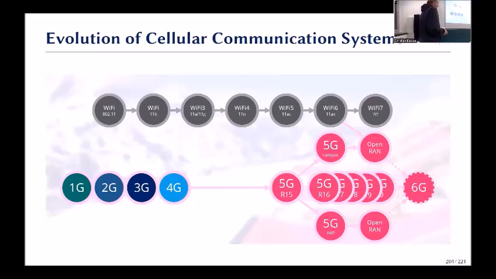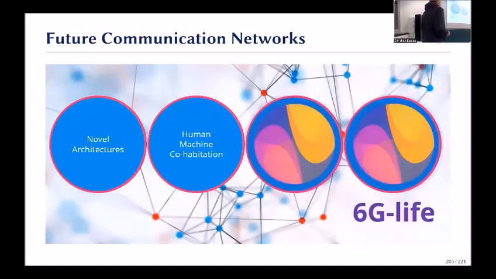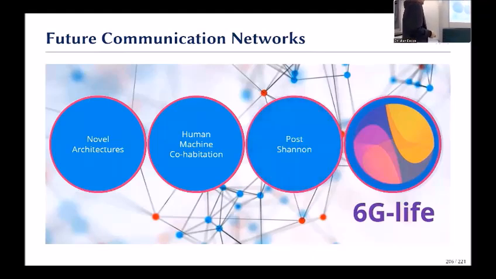So in 5G, it's more about machine-to-machine communication. 6G is more focused, even if it's already part of 5G, but this is more focused on human-to-machine communication. What can humans and machines do together? That's the question. And therefore, one thing we need for this is perhaps the Post-Shannon theory.